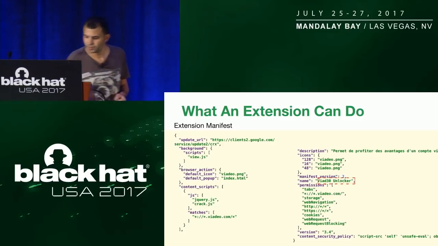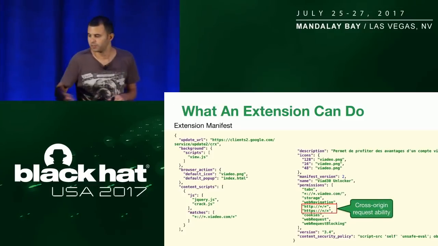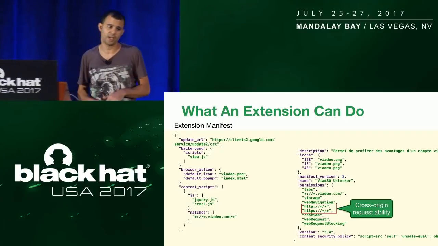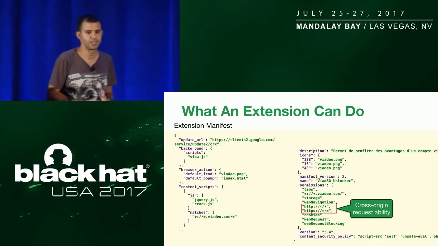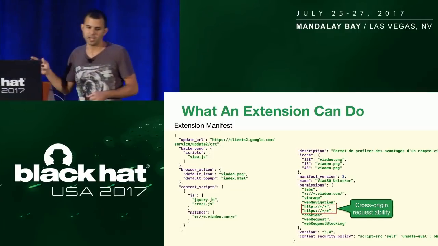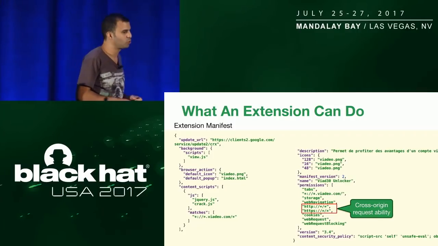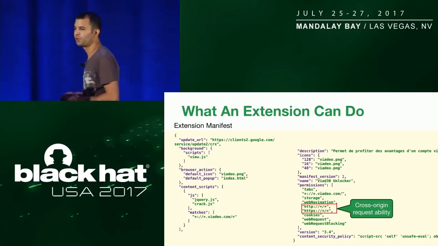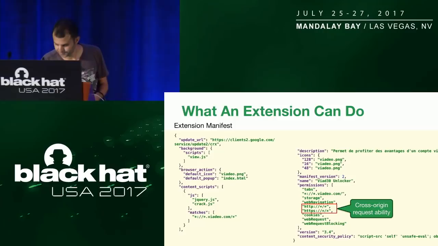So what we see here, and this is the most important part of the manifest, is a permission to fire cross-origin requests to any destination it wants on the internet. This also allows this extension to inject JavaScript code into any tab that the user is using.